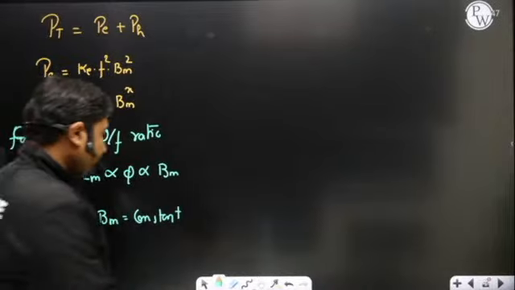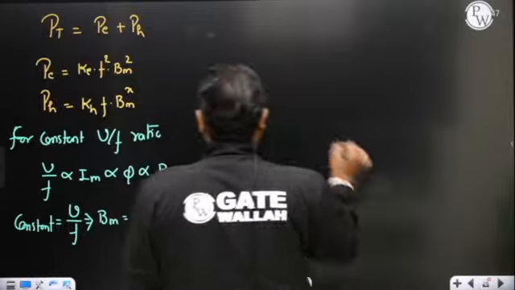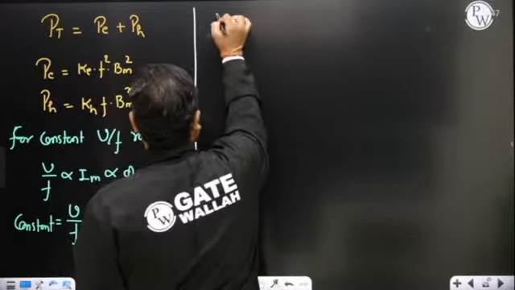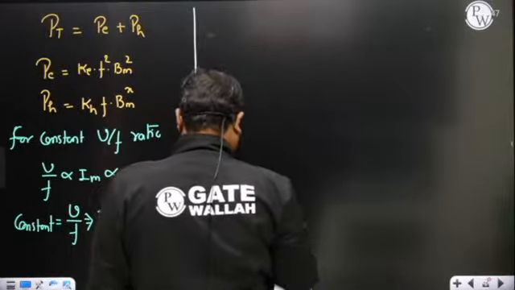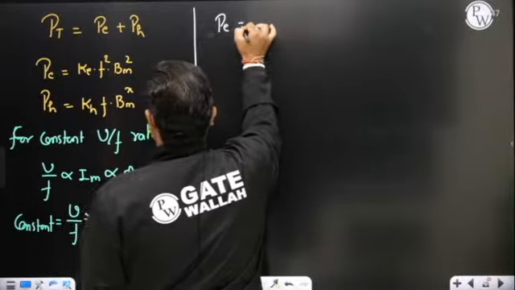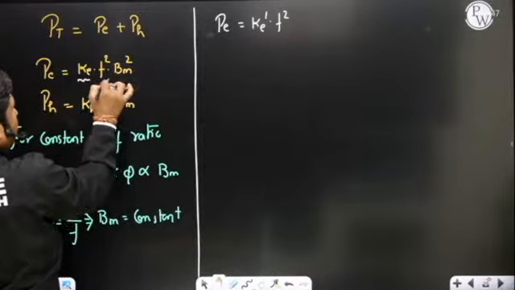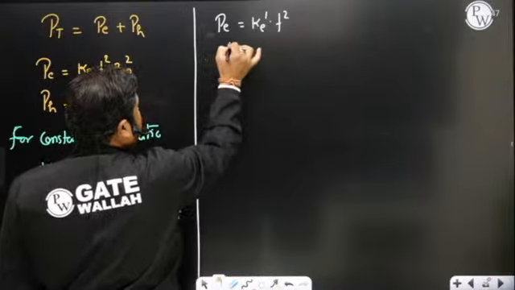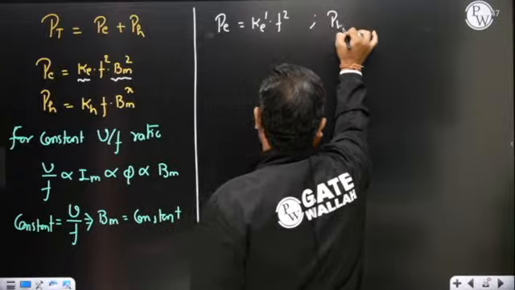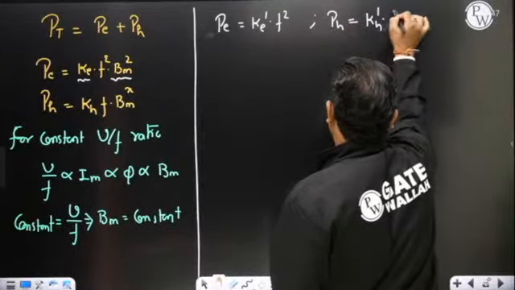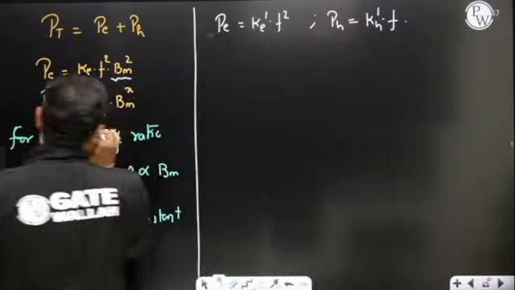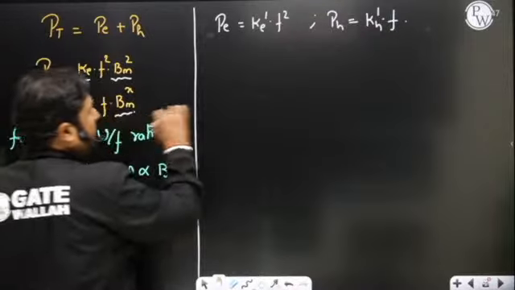Yes, sir. So if Bm is constant, you can write eddy current loss equal to Ke dash into F square, where I write Ke into Bm square as Ke dash, and hysteresis loss as Kh dash into F, where Kh dash is Kh into Bm to the power x.